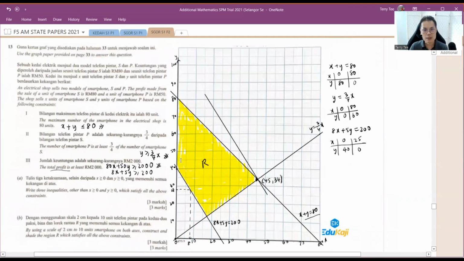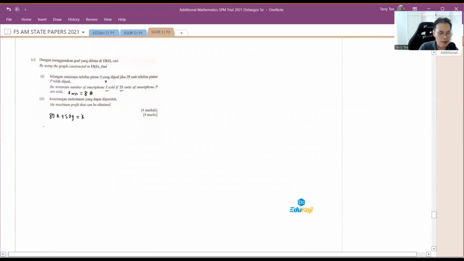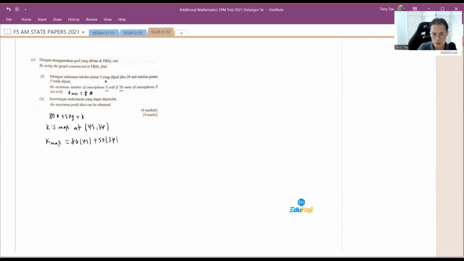Okay, so let's take this value and say that from the graph, the profit K is maximum at (45, 34). So your maximum value of K is 80 times 45 plus 50 times 34.